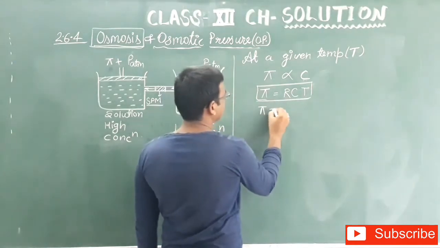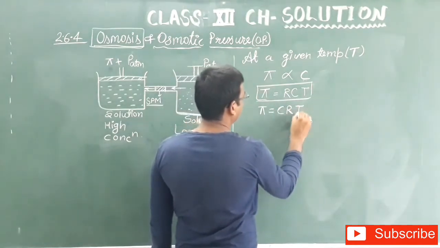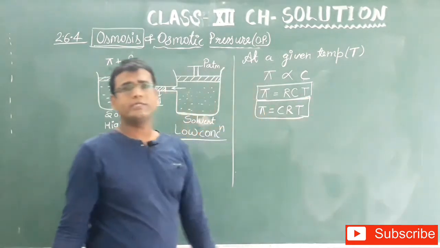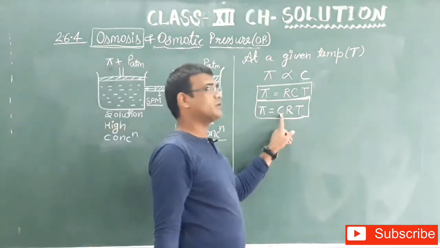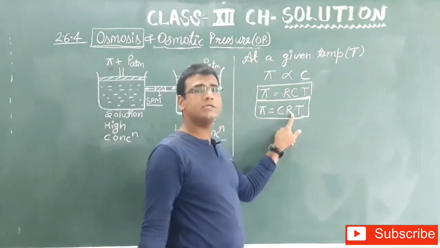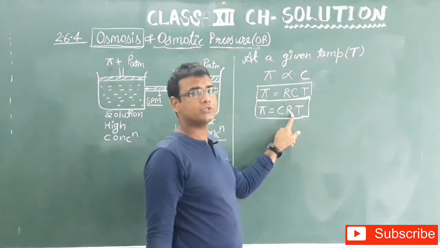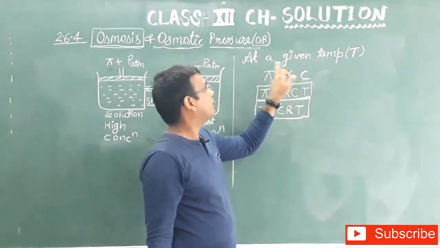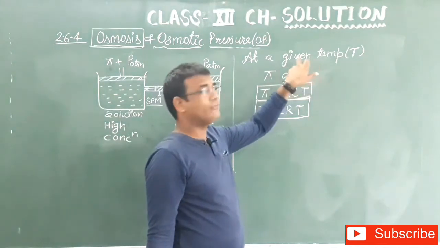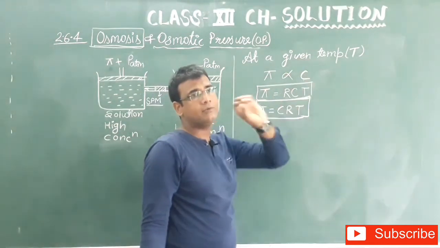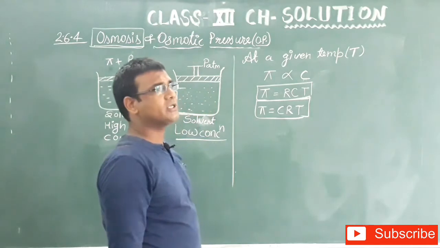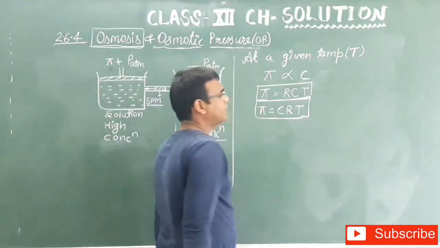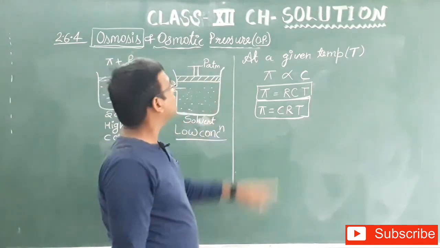If you arrange it in a different way, it becomes CRT. Pi is equal to CRT, where C is the concentration of solution, R is again the same universal gas constant, and T is the temperature of the solution. If it is written given temperature, then it means that temperature is constant. Pi is equal to CRT, that is the expression for osmotic pressure.